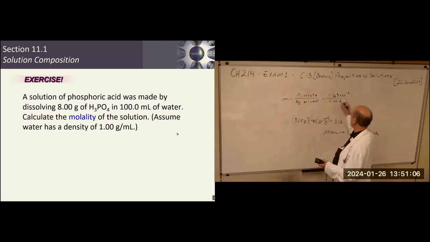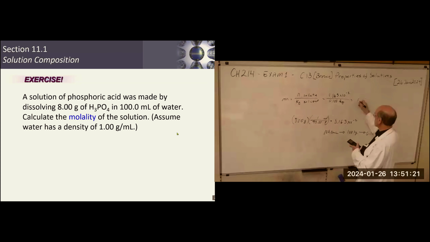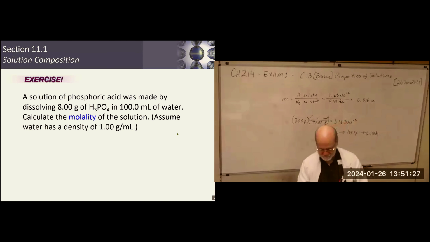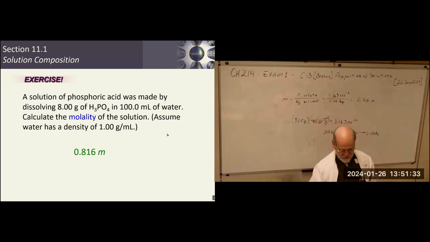We've only been out for like a month, but I'm rusty. Yeah, I know what you mean. 8.163 times 10 to the minus 2, I already got that. Then I need 0.1 divided into that. Okay, so our molality is actually 0.816 molal. Okay? All right.